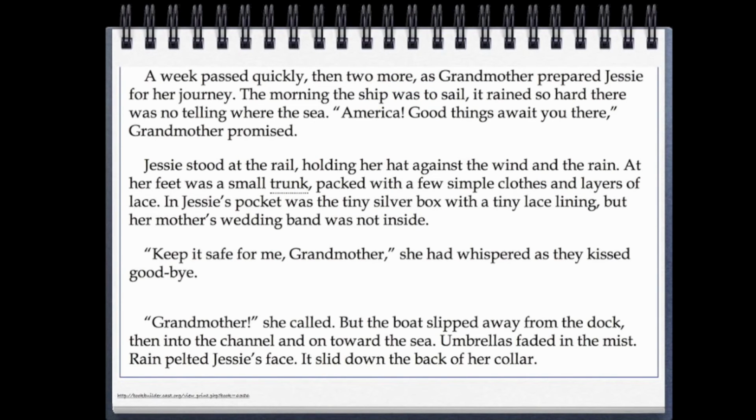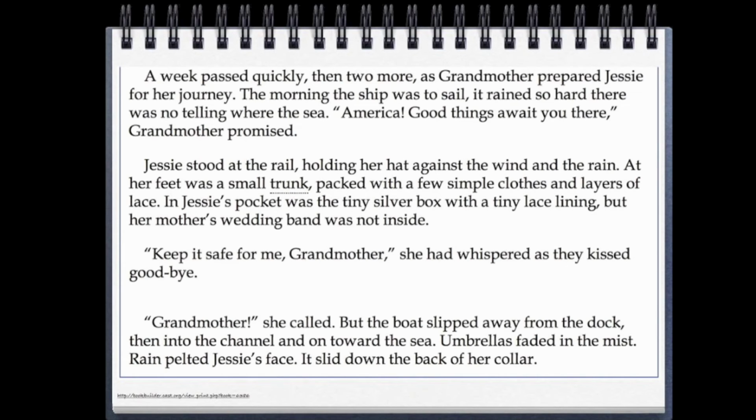A week passed quickly, then 2 more, as grandmother prepared Jessie for her journey. The morning the ship was to sail, it rained so hard there was no telling where the sky ended and the sea began. "America! Good things await you there," grandmother promised. Jessie stood at the rail, holding her hat against the wind and the rain. At her feet was a small trunk, packed with a few simple clothes and layers of lace.